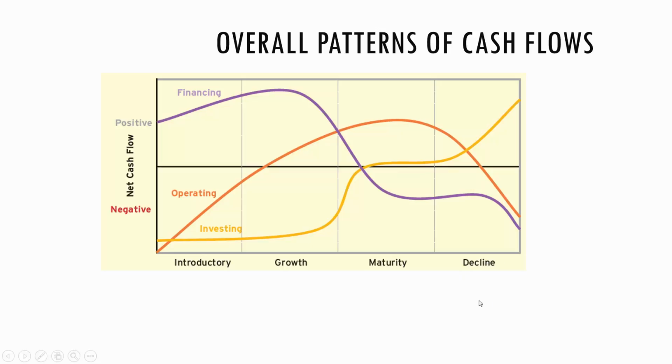And when a company starts declining, what happens? Operations also go down. Of course, this makes sense. It's a declining phase of the company. They are using their extra cash that they've had, and they're starting to invest in things here, but operations are mainly going down. And this translates to the cash flow statement. The positive area is up here where we have positive cash flow, and down here you have negative cash flows.